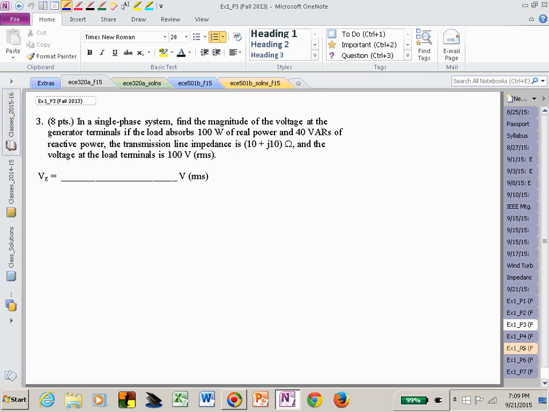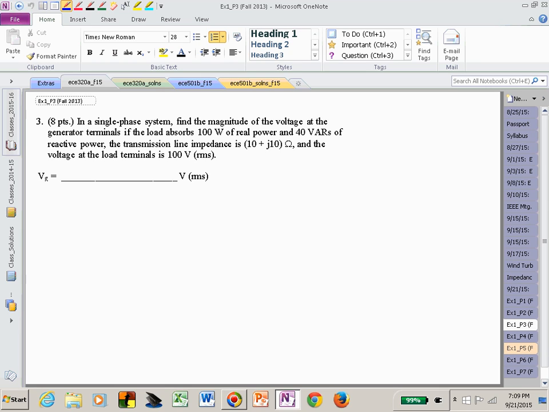These should be somewhat similar to what you'll see on the exam, but we've only looked at 2. You might have 10. So I would recommend that you look at the practice problems or practice exams. Here's another one. In a single-phase system, find the magnitude of the voltage at the generator.